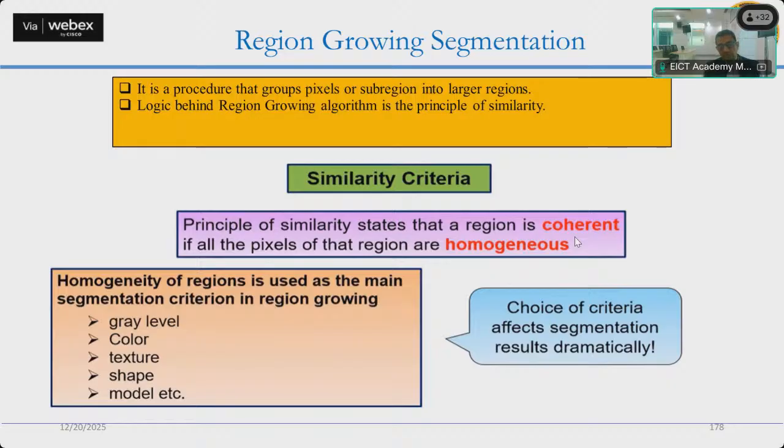On what basis do we find that homogeneity? That may be the gray level, the color, the texture, or the shape. Again, the segmentation very much depends upon the objective, what you are going to achieve.